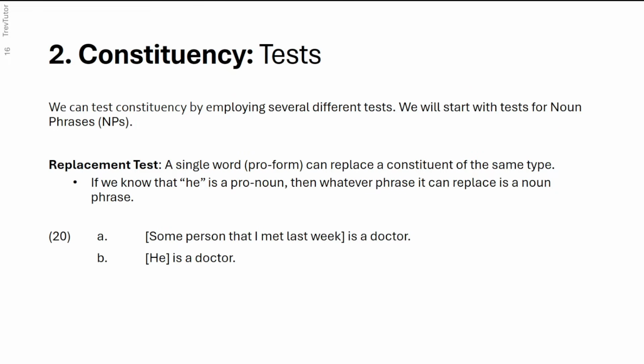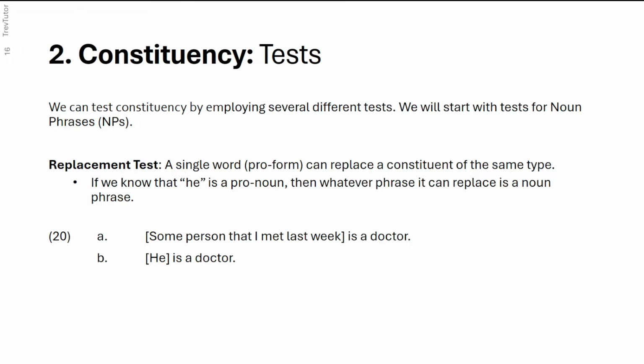So let's talk about tests. This will help us identify what are phrases and what are not phrases. So the first one is a replacement test, and this is great for determining what noun phrases are. So a replacement test says that you can replace a whole phrase with a single word. And if that is accepted, then the phrase is, in fact, a full phrase.